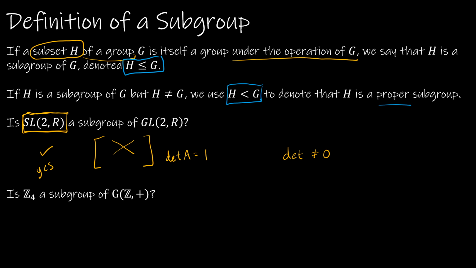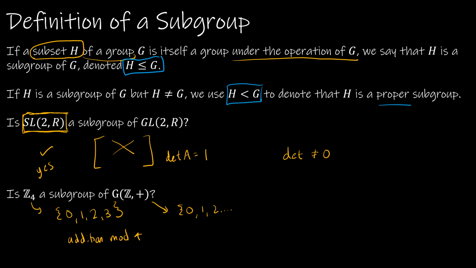Let's look at Z4 as a subgroup of the group of integers under addition. So this is a group including 0, 1, 2, and 3. And the operation is modular addition, so addition mod 4. And this is the group of all of the integers, 0, 1, 2, and all the negatives and so forth.